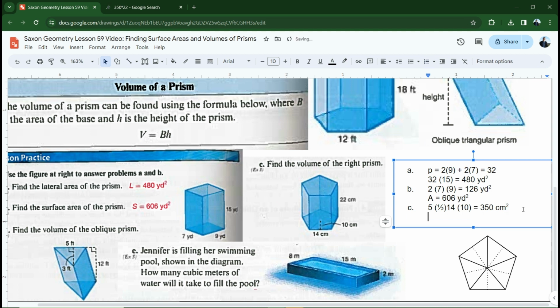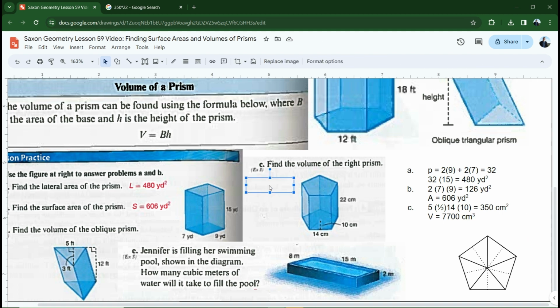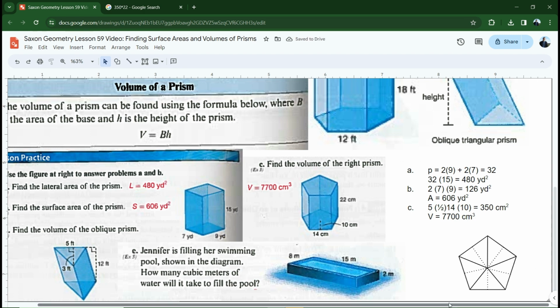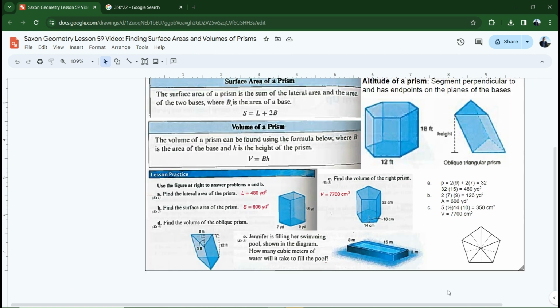First of all, I'm just going to note that my volume is 7,700 centimeters cubed. We're going to have a cube unit here, okay? And then let's just double check my answer. There we go. Now, I'm going to take and just move this guy down here off to a safer place. So we don't want our apothems getting hurt.